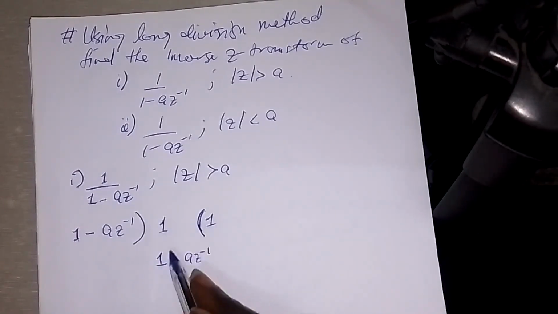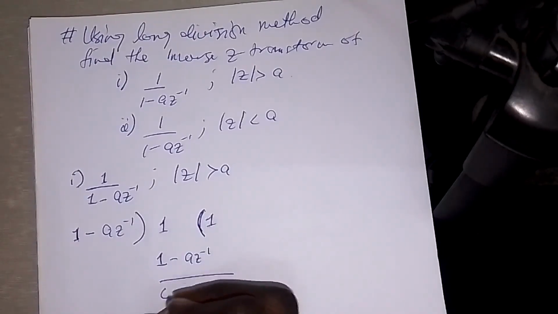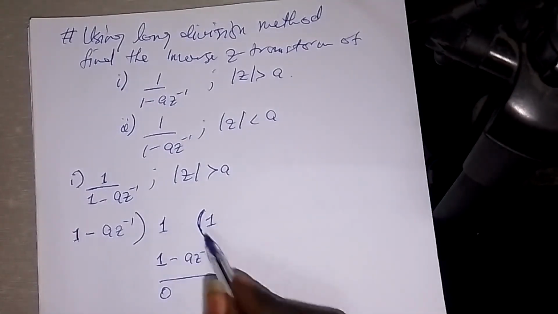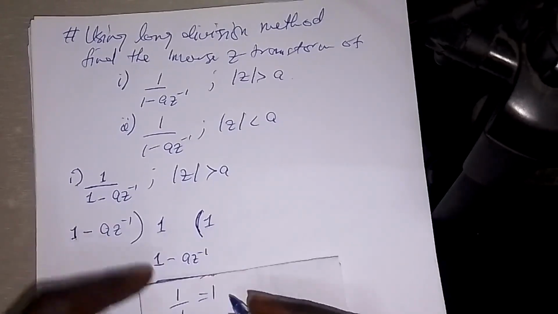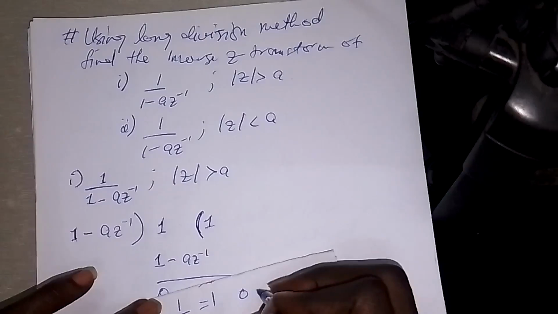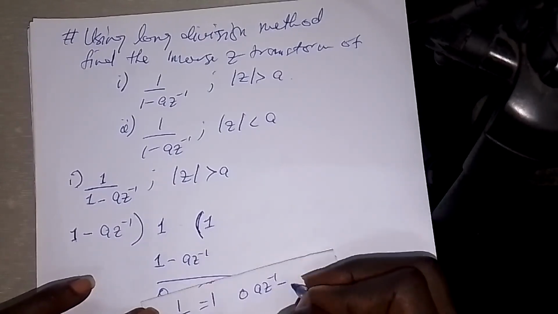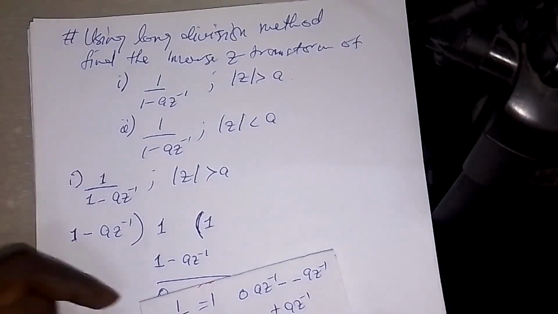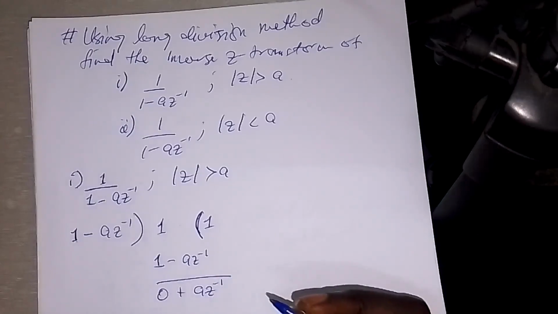Now I'll subtract this from whatever is here. 1 minus 1 gives 0, and 0 minus minus a z to the minus 1 gives positive a z to the minus 1.